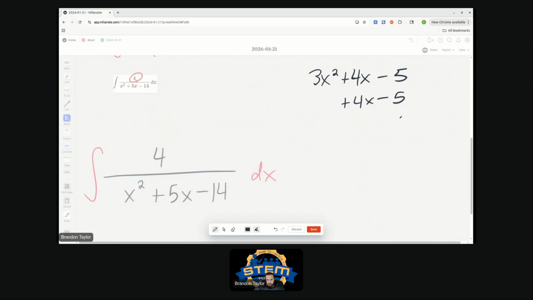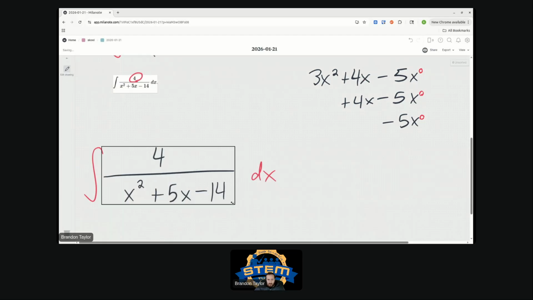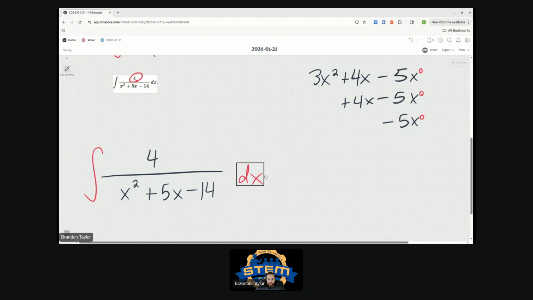If I do that same pattern again, just the number, minus 5 or plus 5 or anything, is a 0th degree polynomial, because you can pretend there's an x to the 0 there, and x to the 0 is 1. So it's like x to the 2nd, x to the 1st, x to the 0th. That's the sense in which just numbers themselves count as constants, or 0th degree polynomials. It fits the same pattern.